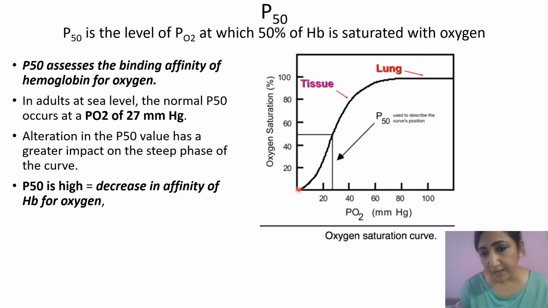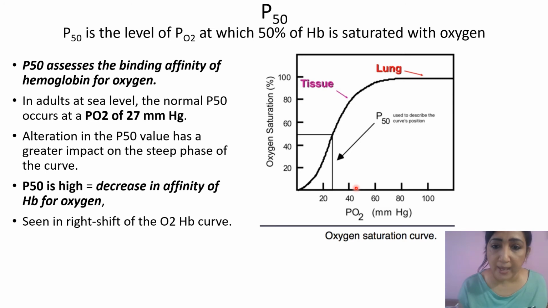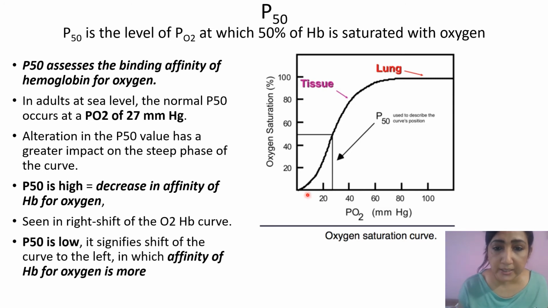That means the graph will move towards the right side, which means dissociation of the oxygen from the hemoglobin is more. On the opposite side, when it decreases from 27 to 20, that means the graph will shift towards the left side, which means the dissociation is lesser.